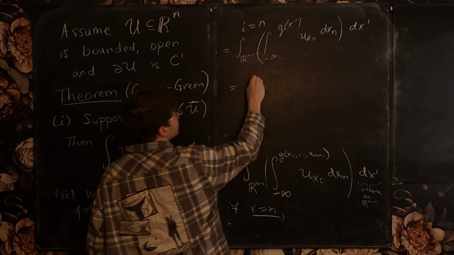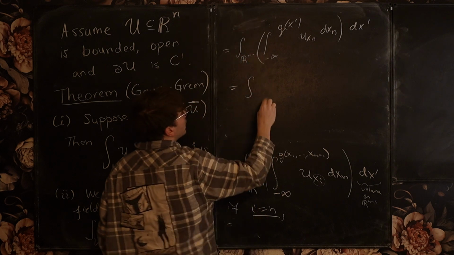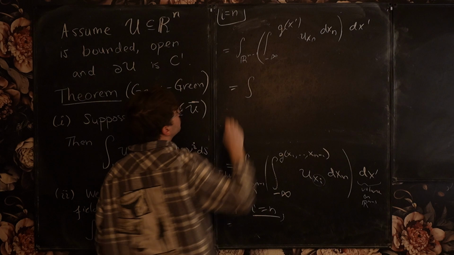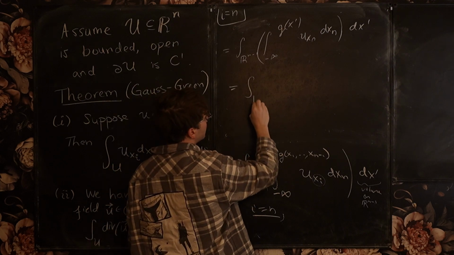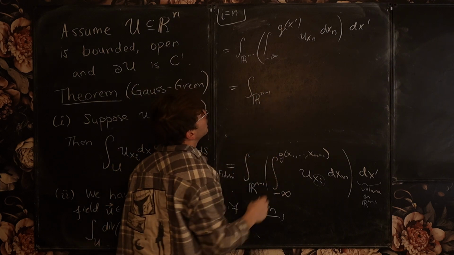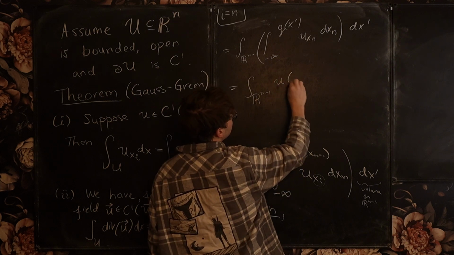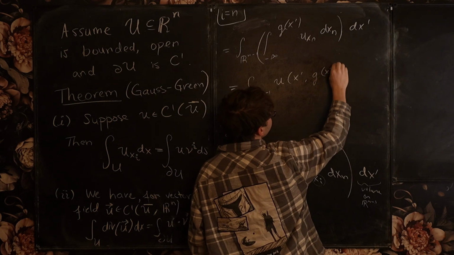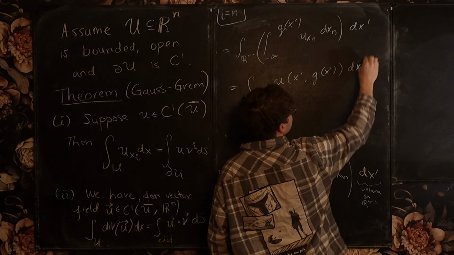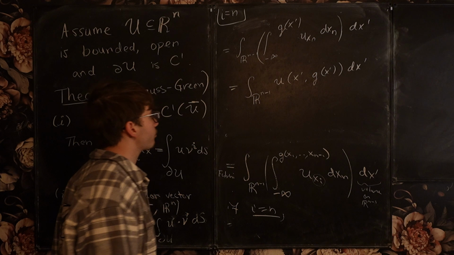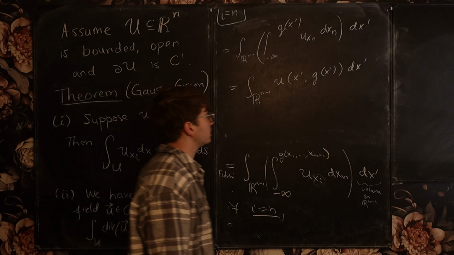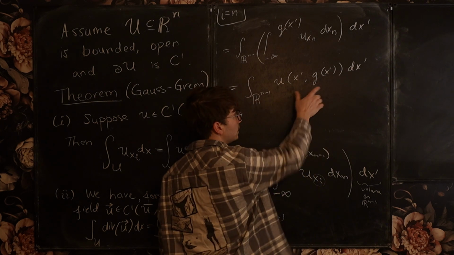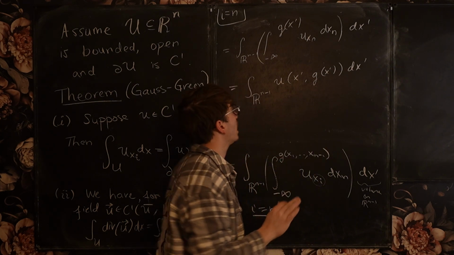We have, let me just write i equals n at the top here, I don't want to confuse you all, the integral over Rn minus 1 of U of x prime, G of x prime, dx prime, okay? All right, great. So this is the result that we'll need for the case i equals n.